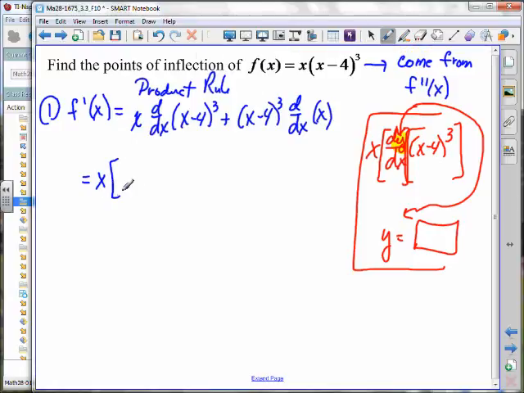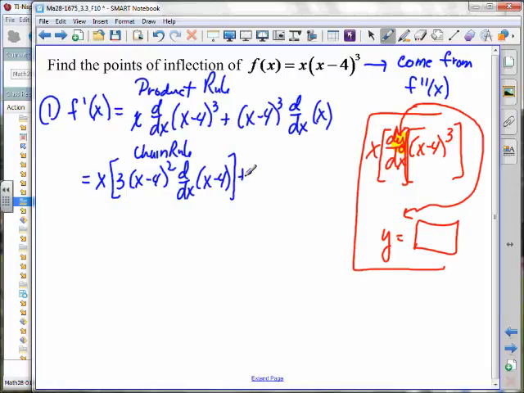So I've got x times, now I've got the derivative of a cube of another function, so I've got to use the chain rule. Some of you missed this on the quiz. And then I've got to take the derivative with respect to that inside function. Again, some of you are not writing out all the derivatives. Will you hear from me on that? Yeah, you will.